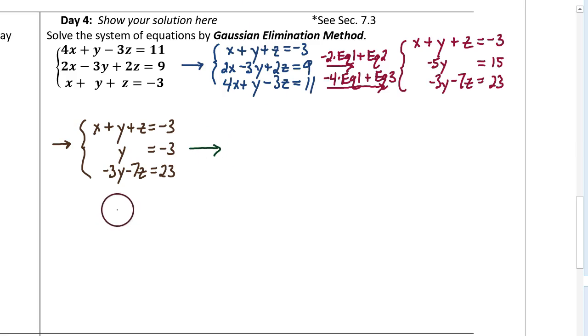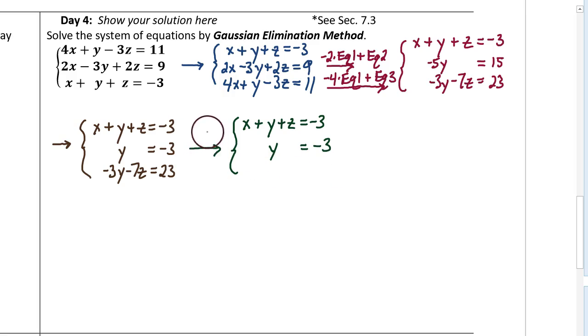Now the next step. We want to eliminate this y term here, so that in the third equation, only the letter z is left. The first equation will remain the same. The second equation will remain the same. It's this third equation that's going to change.